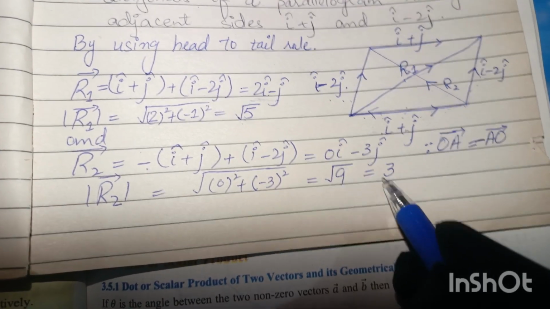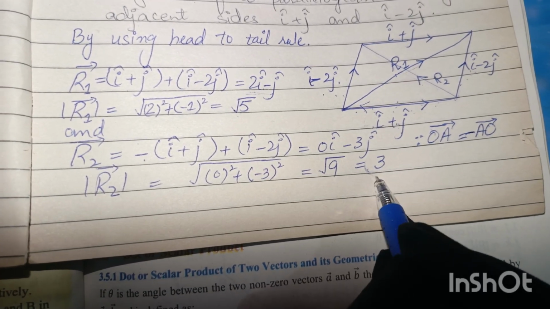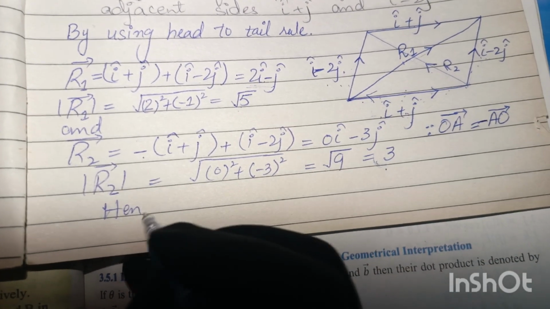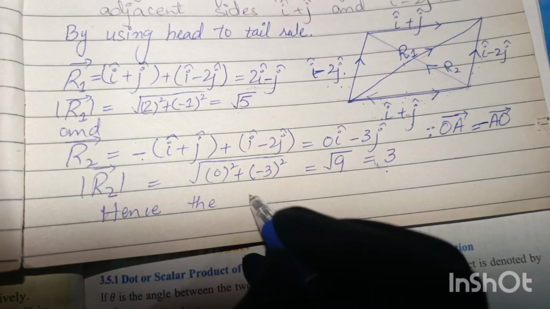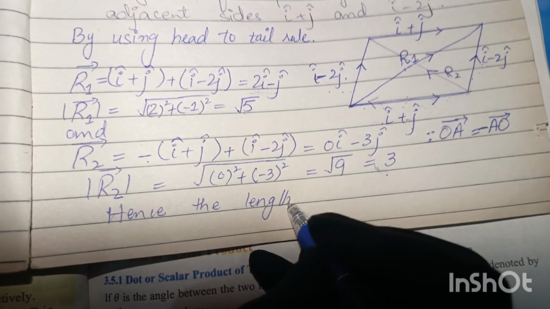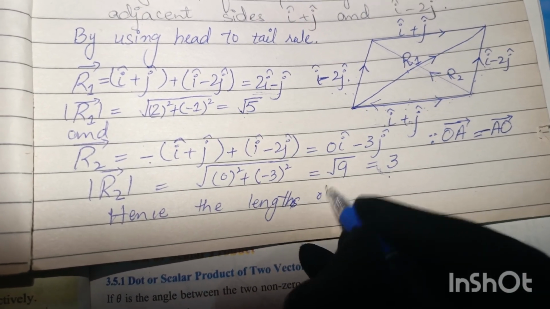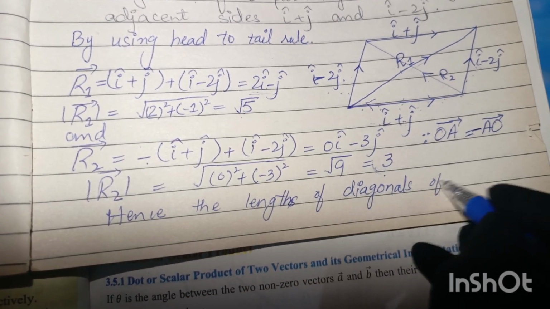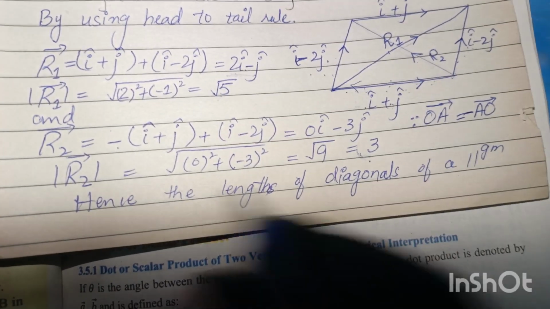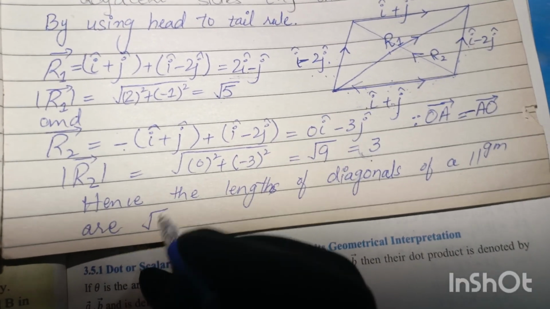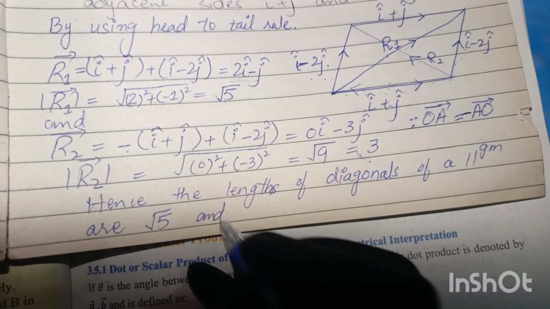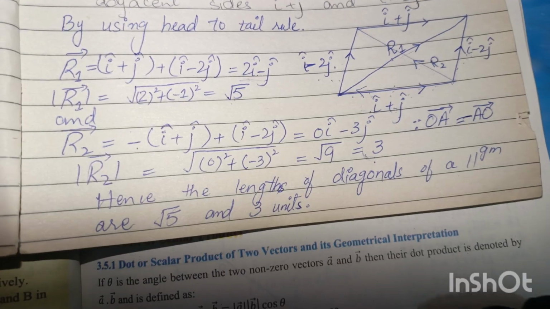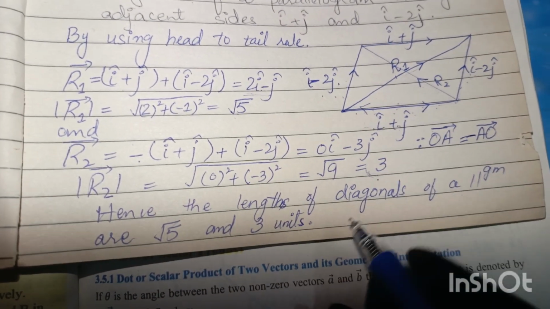After simplification, we get to know that the length of the second diagonal is 3. So we can write: hence the lengths of the diagonals of the parallelogram are square root 5 and 3 units. Units means meter, centimeter, whatever unit you want to add with these quantities.